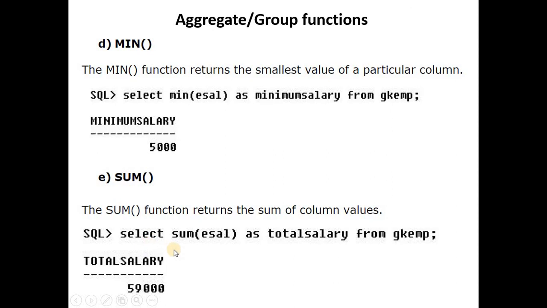Thus select sum of e-salary as total salary from GKEMP. If you just wanted to display the employee salaries, you could have just said select e-salary from GKEMP, but you want to find the sum, so use the sum function: select sum of e-salary and display it as total salary from GKEMP. That's how you are getting a total salary here.